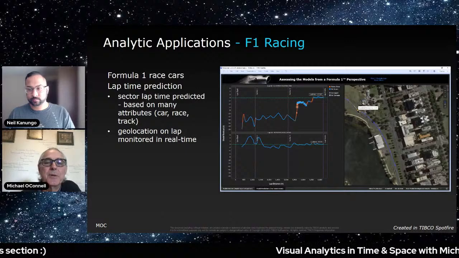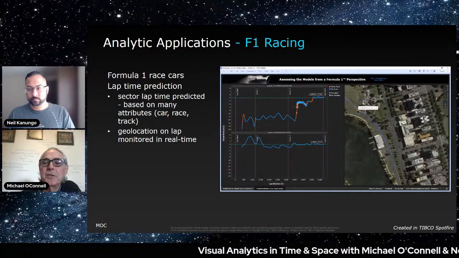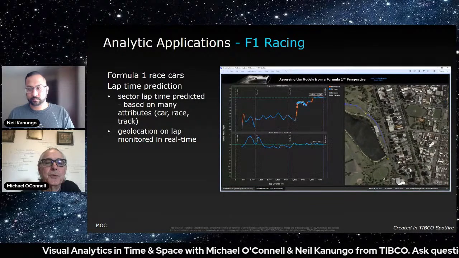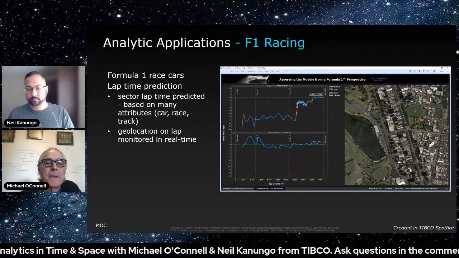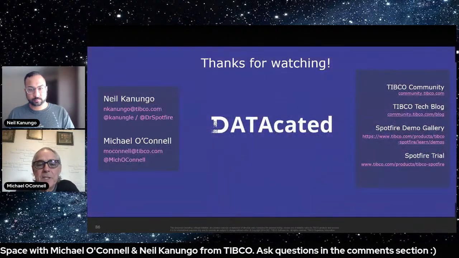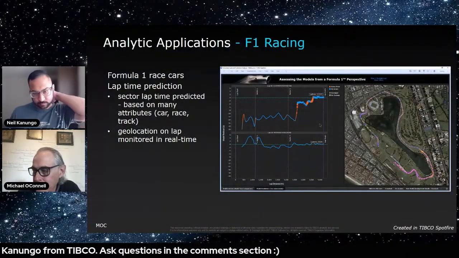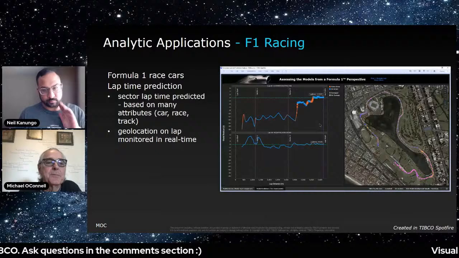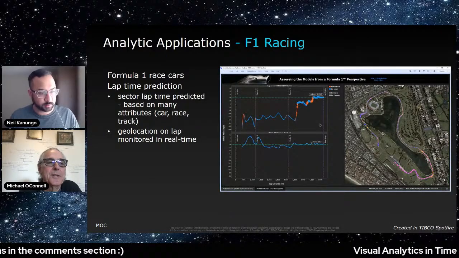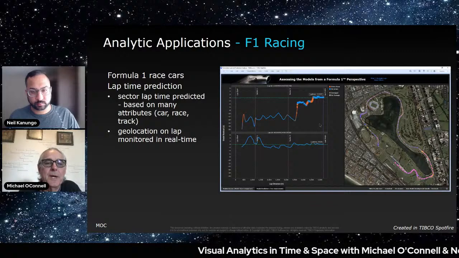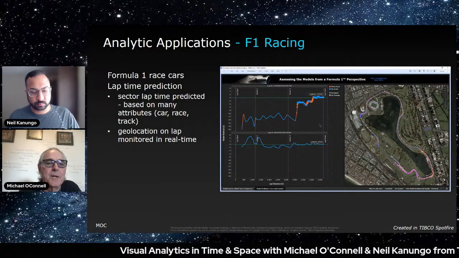Looks like somebody went off the side of the track a little bit, which impacted the prediction of lap time during that event. But yeah, ESPN does great coverage of F1 and this whole Drive to Survive series on Netflix. Pretty exciting stuff, and lots of great examples in analytics on the event stream and also spatially as the cars go around the track.